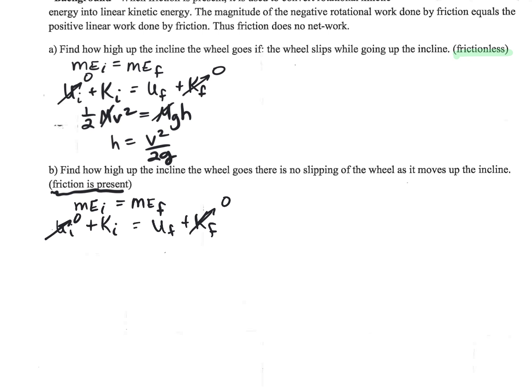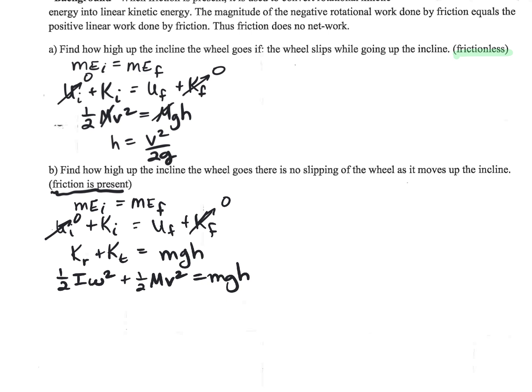It's a combination of rotational plus translational equals mgh, doesn't it? So now we've got 1/2 I omega squared plus 1/2 mv squared equals mgh. M doesn't go away anymore, does it? At least not yet.